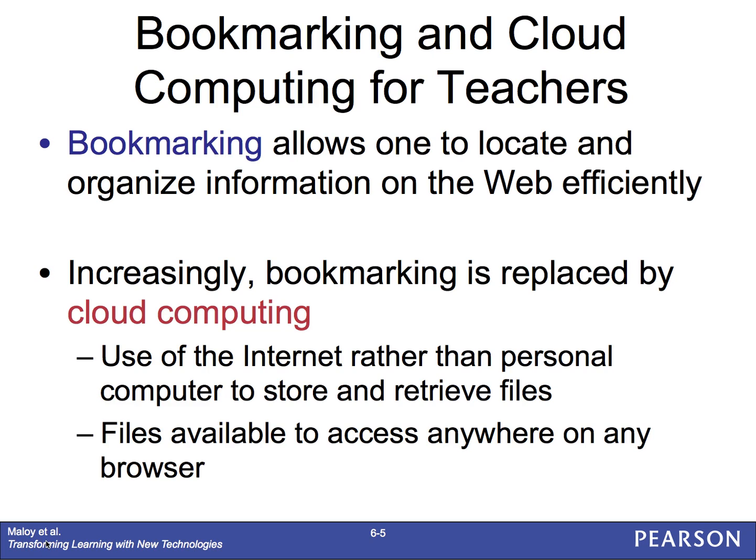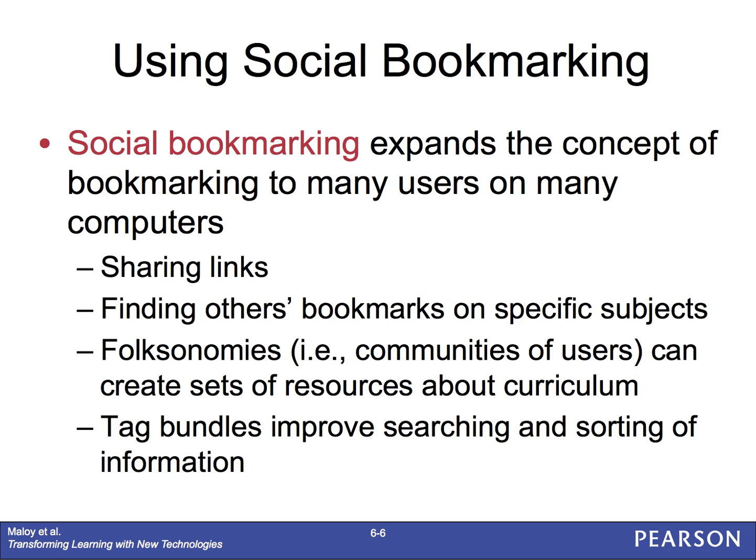So again, files available to access anywhere on any browser. This notion of social bookmarking, I'm not going to go into that in great detail, but if you are on Facebook and you see a picture that's tagged, and for those of you that aren't on Facebook, you can put a little square around the head of somebody in a photo and type in their name, and it's called tagging.